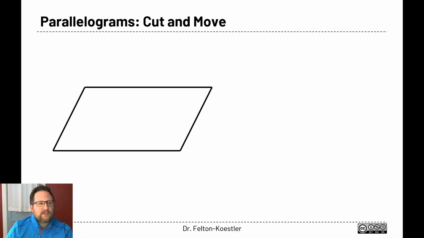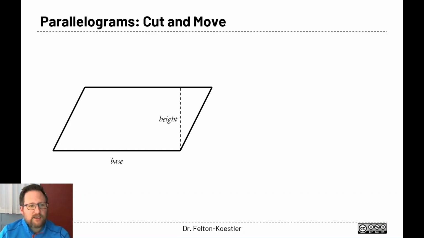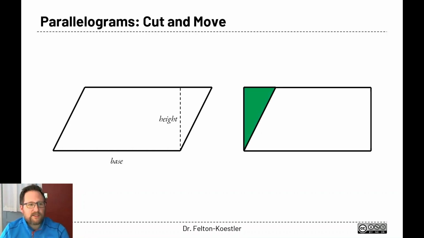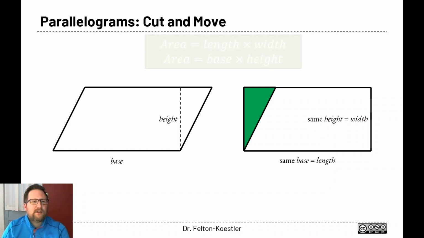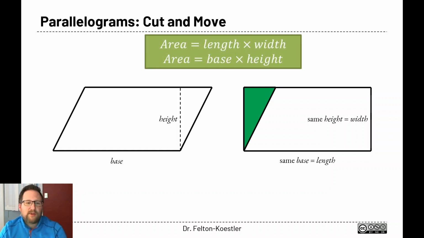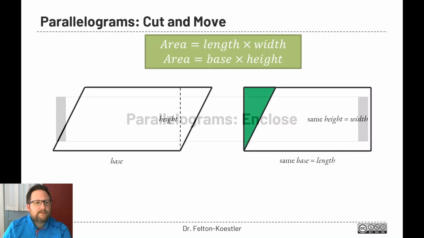So essentially what I've done is I've taken this parallelogram, which has a base and a height, and turned it into this rectangle, which has the same base, which we call a length sometimes with rectangles, and the same height, which we sometimes call the width with rectangles. So we just use our old formula for rectangles, length times width, or we're going to rename them as base times height for a parallelogram. So basically what I've done is I've taken the parallelogram, cut it up, and rearranged it so it looks like a rectangle that I know how to deal with.